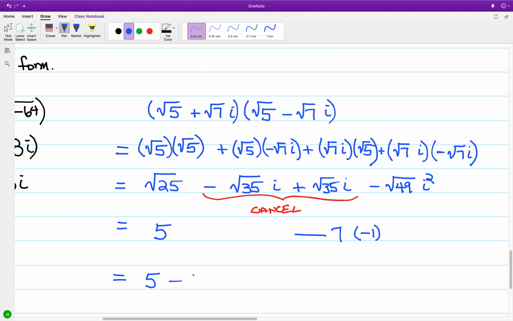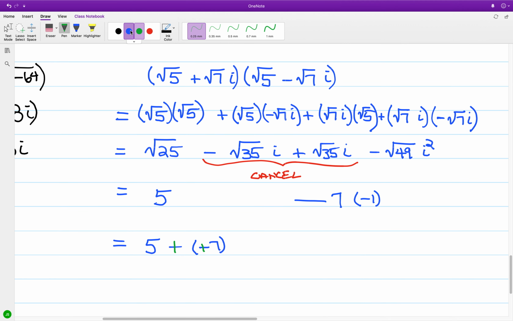So you have 5 minus -7, and of course negative times the negative is going to be a positive. So for the end result here, we have 5 plus 7 to end up at 12. Okay, so in the end result, you have 12, and that could also be written, if we're putting it in a plus bi form, as 12 plus 0i.